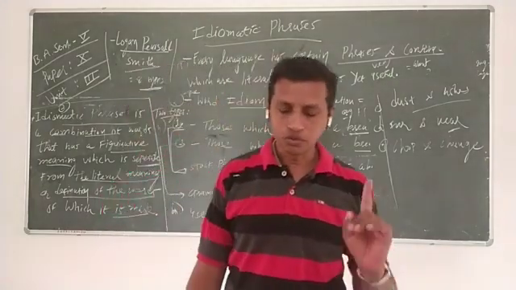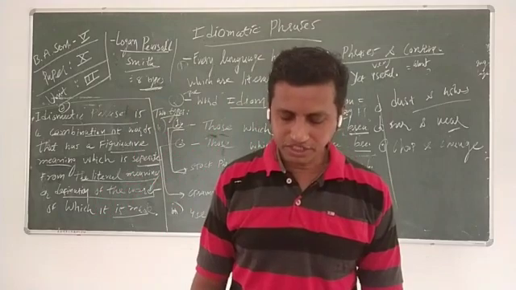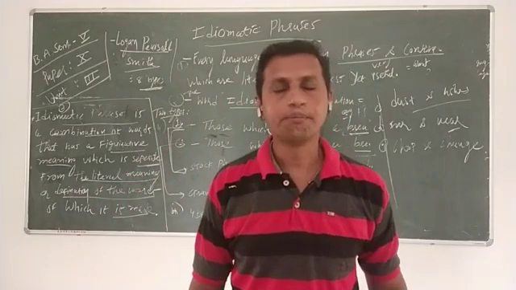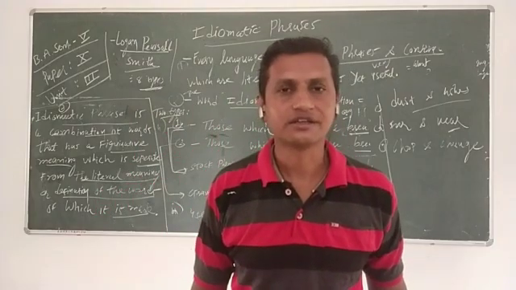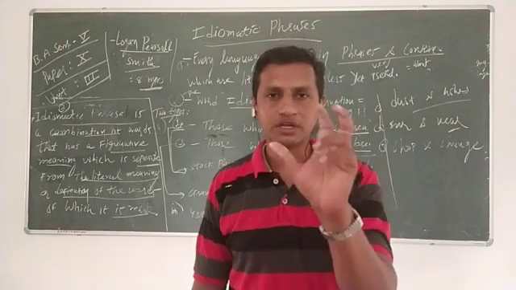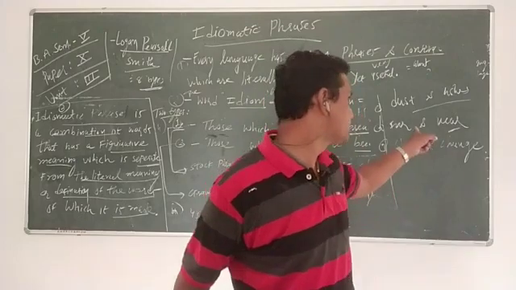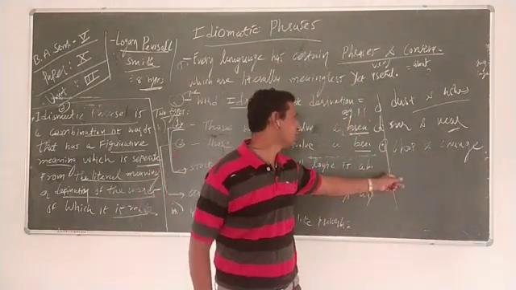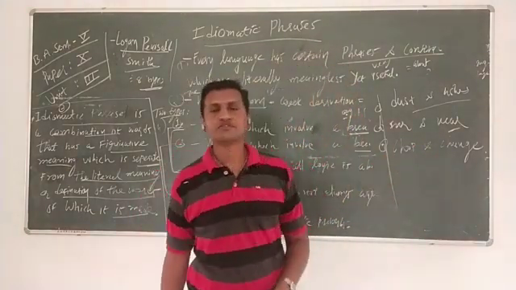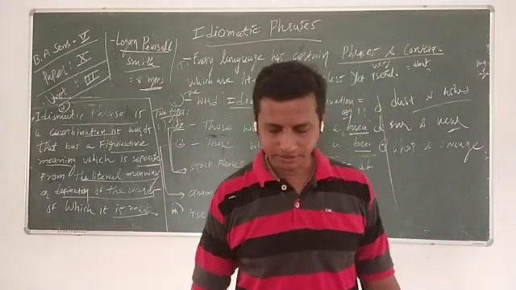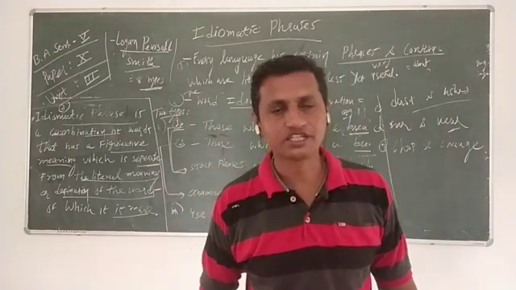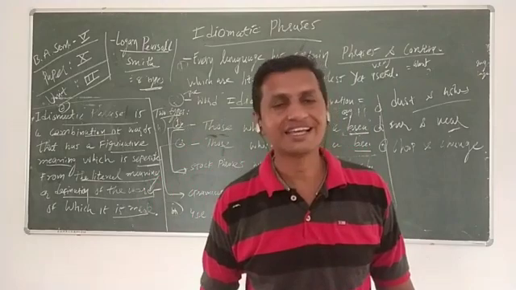Fourth one, those idiomatic phrases which constitute a comparison based on alliteration. Alliteration along with comparison, which ones are they? Fit as a fiddle. You have to write down here, my dear friend. Fit as a fiddle, bold as brass, dead as a doornail, large as life.